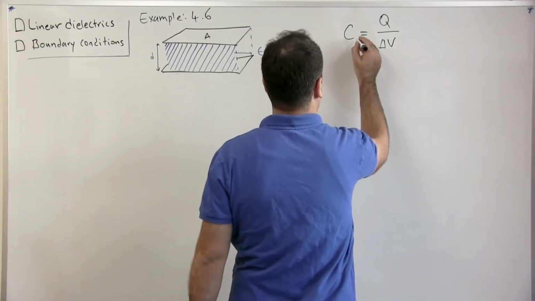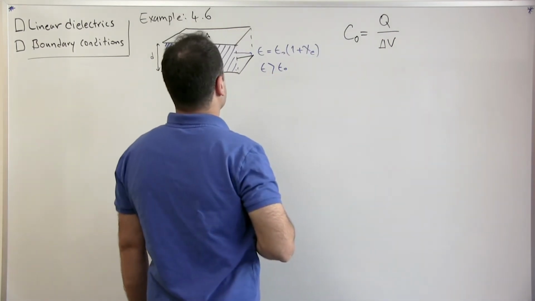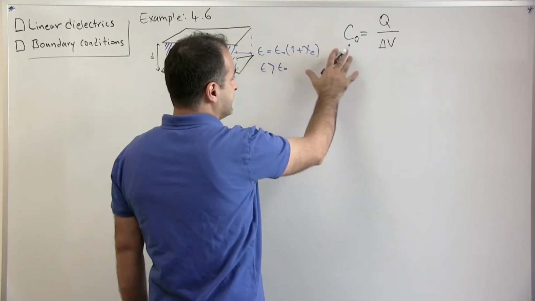So I want to say C naught is the case that we do not have any dielectric.